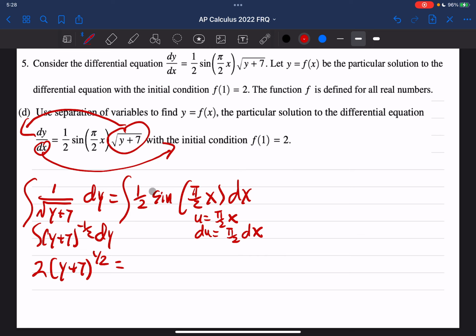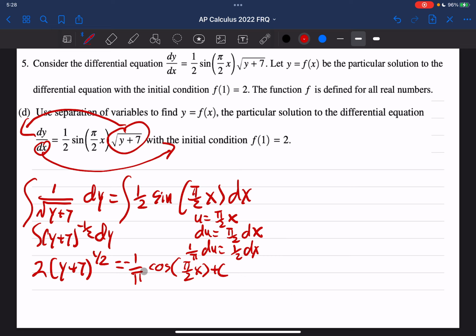Now we have a 1/2, but not a pi. So that means 1 over pi du equals 1/2 dx. So this becomes 1 over pi, and include a negative because this is cosine of pi over 2 x plus c.